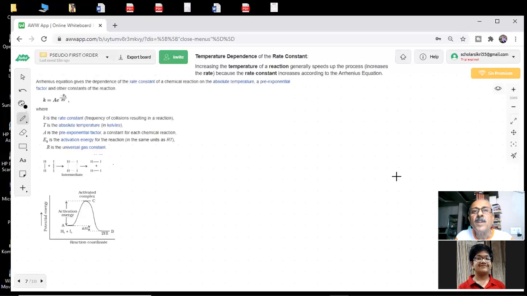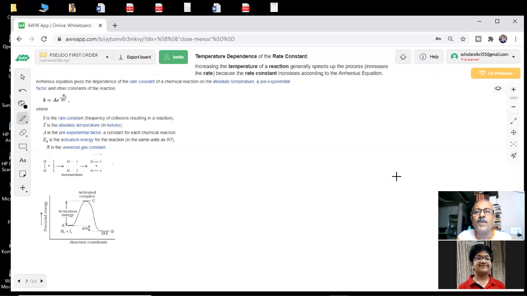So increasing the temperature of a reaction generally speeds up the process, increases the rate, because the rate constant increases according to the Arrhenius equation.